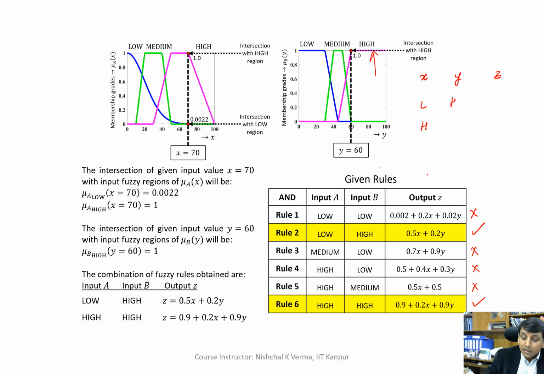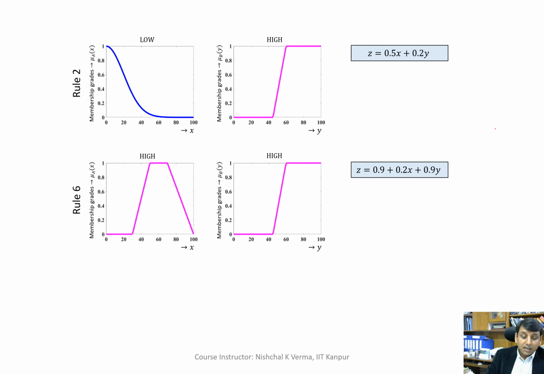So we can write LH and HH, because high is for both the cases, and this way we have to look for the corresponding Z, and this we can find by looking at the set of rules. We have here 2 rules that are applicable, and then we'll proceed the same as we did in the previous example.